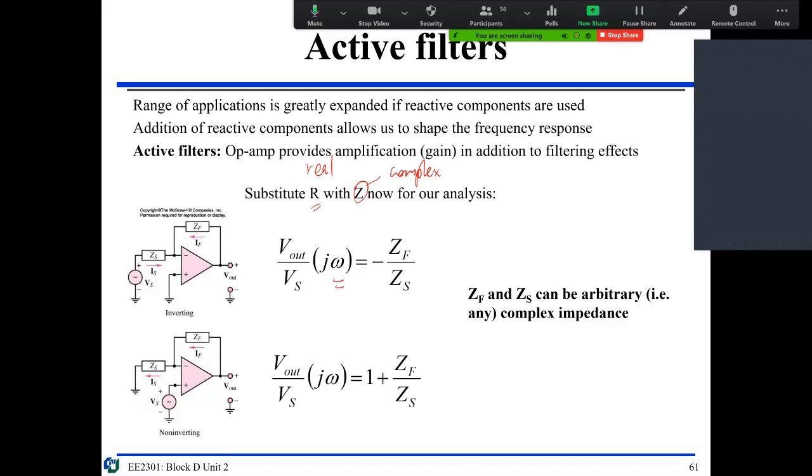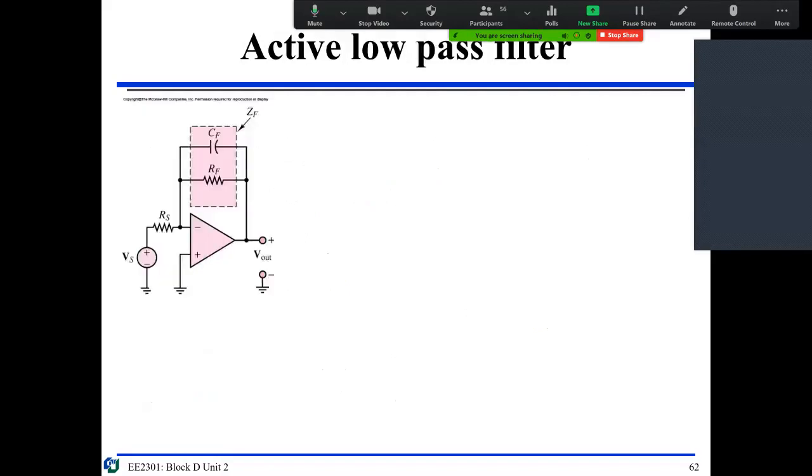Inverting, non-inverting, we have learned that. So those impedances can be arbitrary, any complex impedance. I'm just telling you not to feel it's hard. This is simple. The thing is how you can convert resistor, capacitor, and inductor into those impedances.